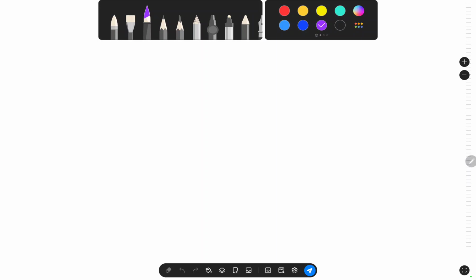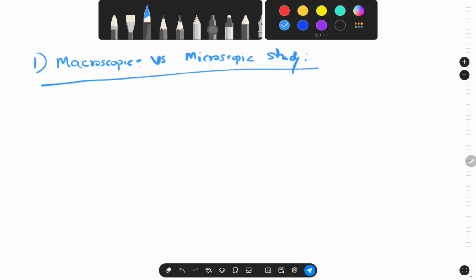Now the first topic is the macroscopic versus microscopic study. Here, in the real world, we can analyze any system in two ways, microscopic and macroscopic.